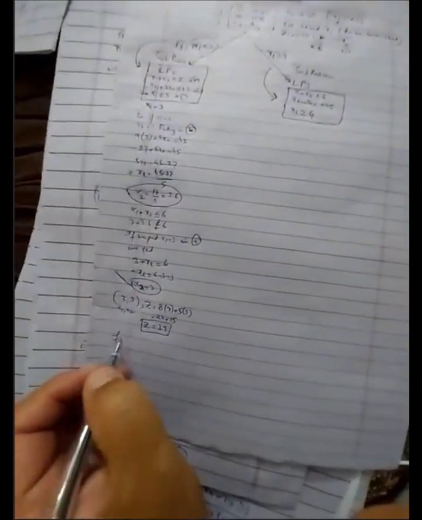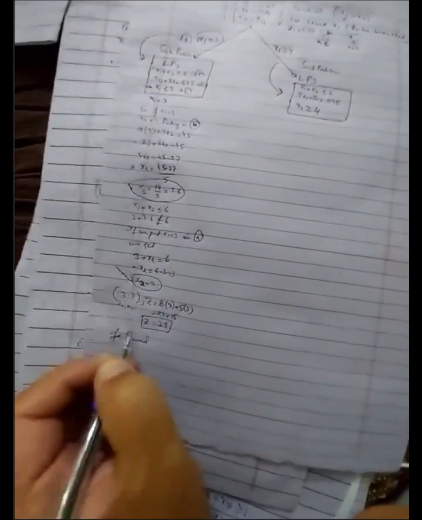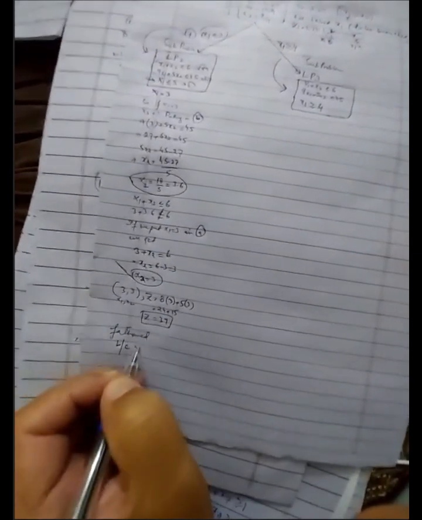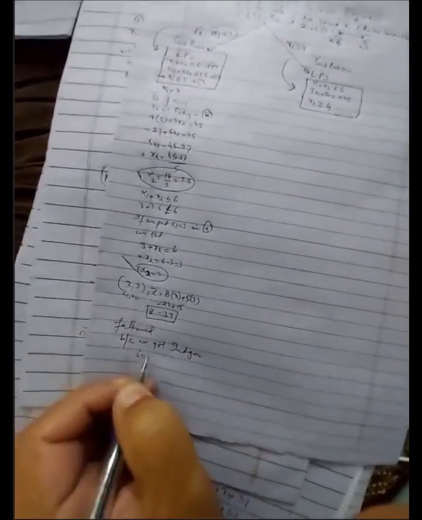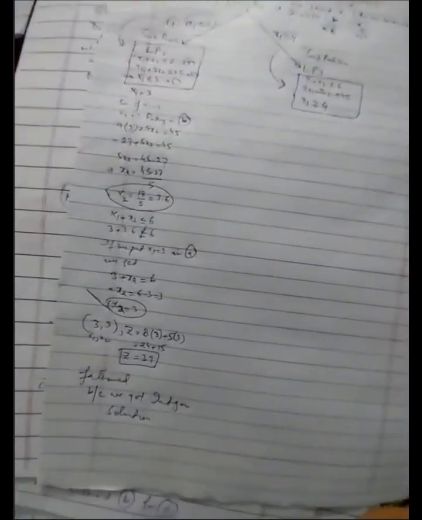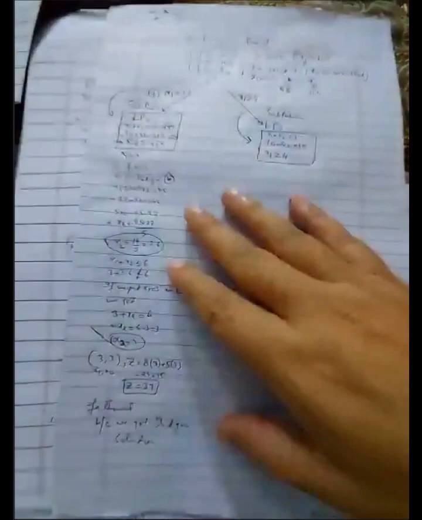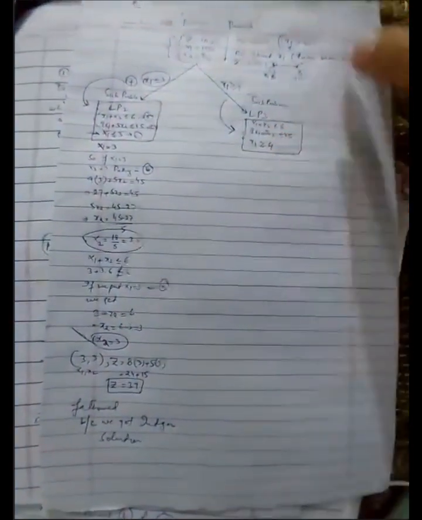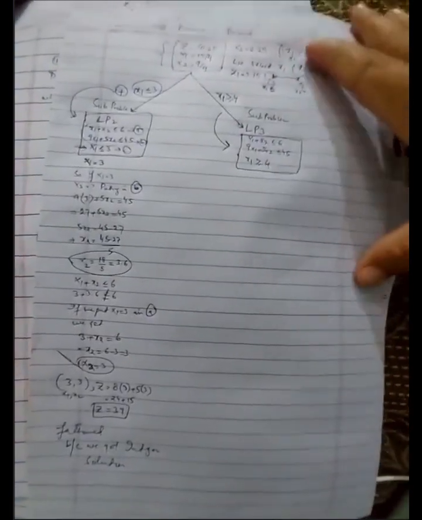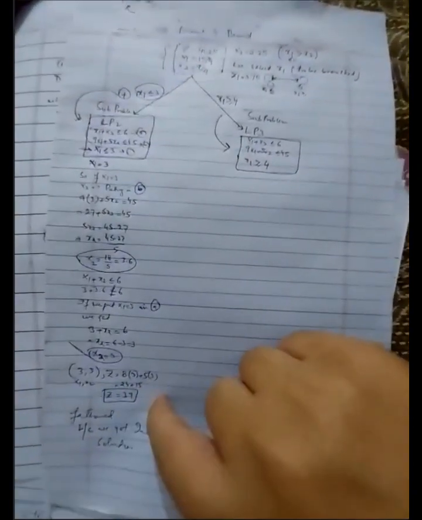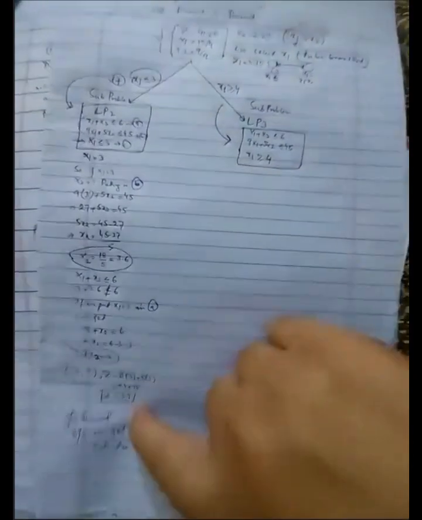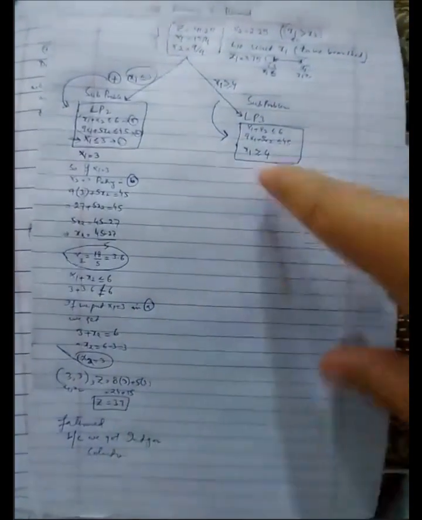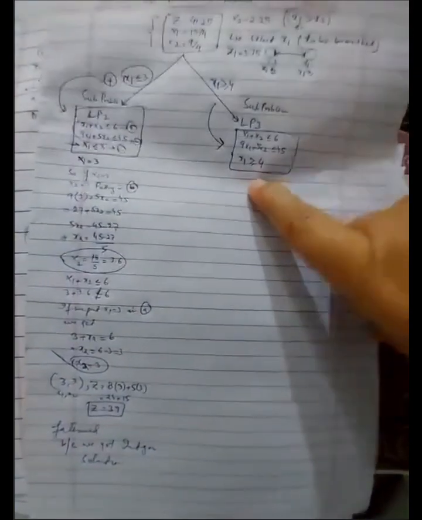So this is fathomed because we got an integer solution. This is a candidate solution, but we need to explore the other nodes too. If it does not give us another solution, this is going to be the optimal solution. But let's see what this tree gives us.